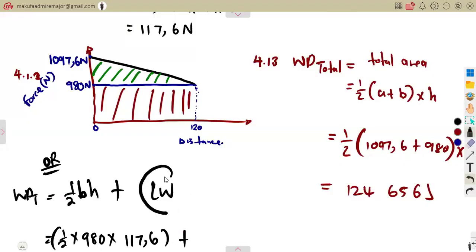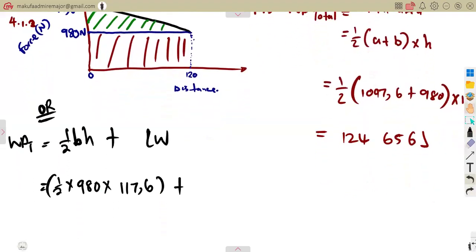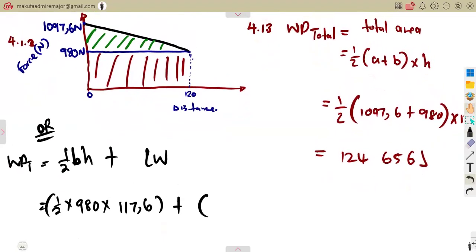Plus you move on to the rectangle, length times width or length times breadth. That is going to be, all right, guys, I'm considering 120. Where did I take this one? Here, this one. This is your 120 there. Sorry for that.